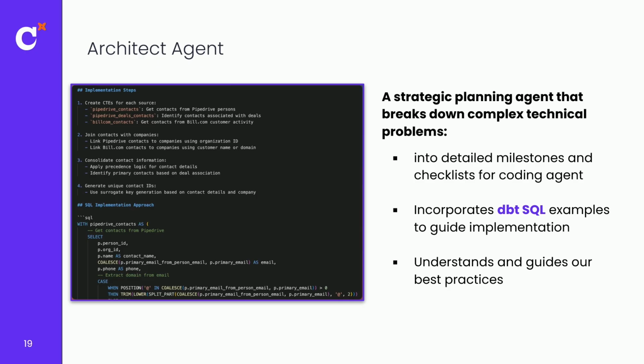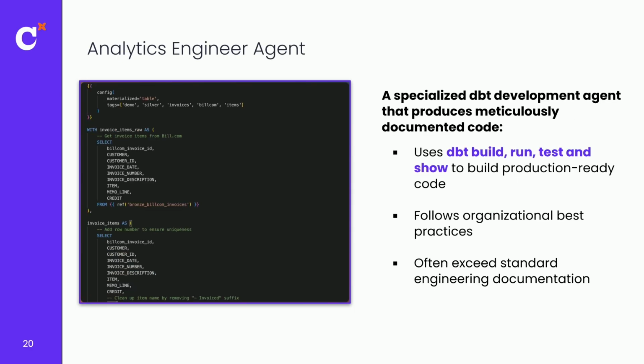The architect agent, again, the brains of the operation, takes these detailed tech specs and breaks them down into these checklists using our best practices for SQL, uses code examples, and really is so explicit in what the AE agent should be building. And then, of course, the AE agent, who uses the dbt build, run, test, show command, all the commands you all know and love, to write this code, to document it, to test it, iterate on it until it's perfect, and then push that to production.